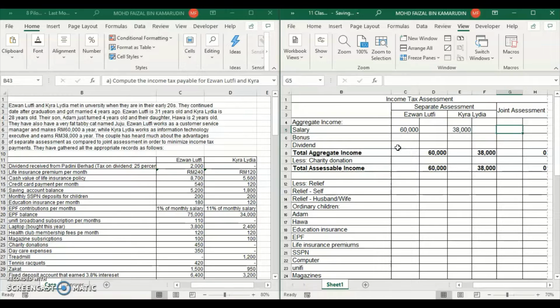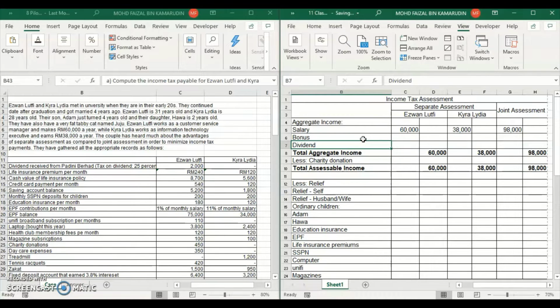For the joint assessment, you just add these two, so that would be 98,000. Bonus is also taxable, but for this case this couple does not receive any bonus, so you just leave it blank.